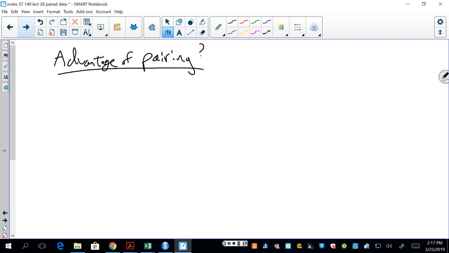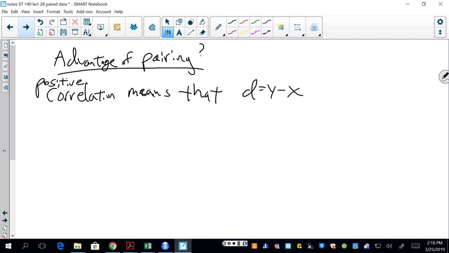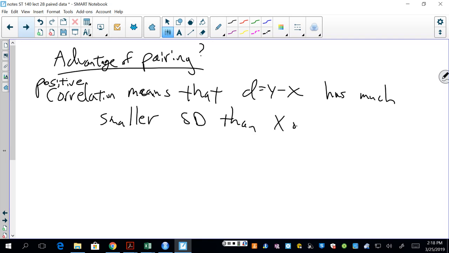What about in terms of standard deviation? We haven't looked at the summaries yet. The positive correlation means that the differences, y minus x, can have much smaller standard deviation than x or y.